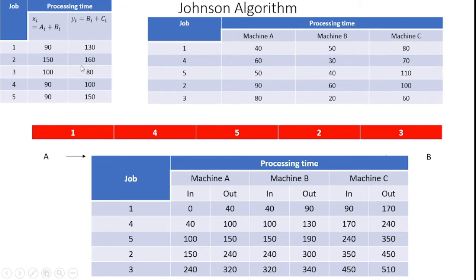According to this table, the 80 is the overall minimum value, but it is lying on the Y machine, so I can allocate from right hand to left side, because the minimum processing time is available with the second machine, so I allocate job 3 on the right hand side.